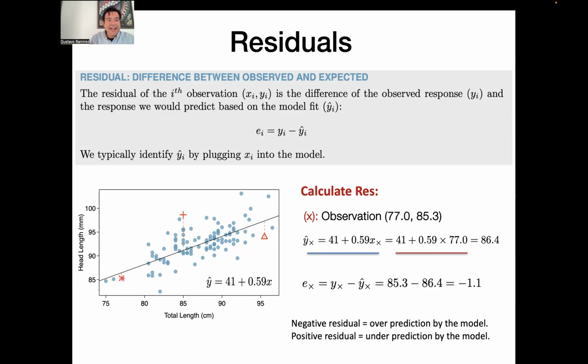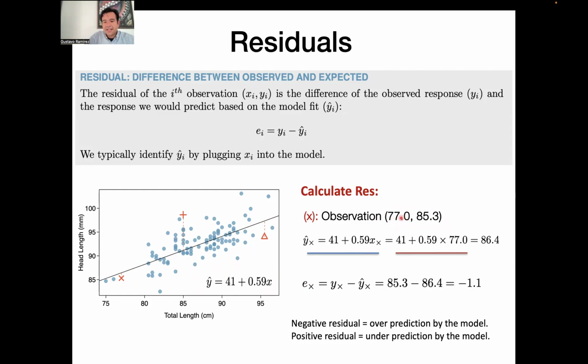All right. So we had this model that existed with previous observations of other animals. The model is the black line that you're seeing here, and this is the equation for that model. We looked at this equation three slides ago: y is equal to 41 plus the slope, which is 0.59, times x. Let's pretend that we didn't have a direct measurement of the head of the animal, that we just have the length of the animal, 77 centimeters.